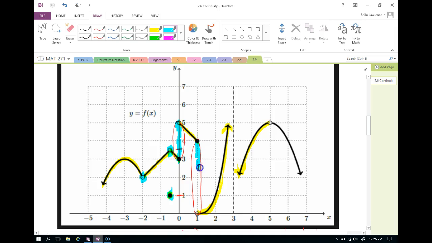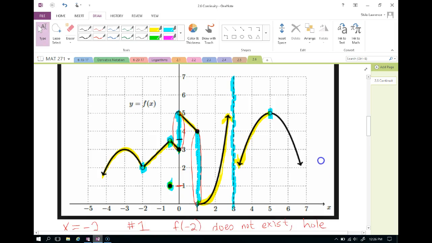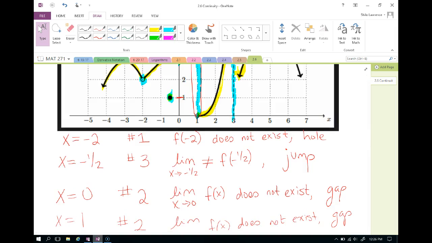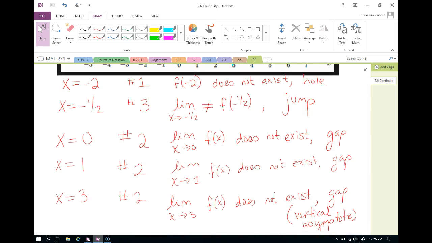We had another big old gap between our pieces at 1. We had this vertical asymptote at 3, which is considered a gap again. And then we had a hole at 5. So 1, 2, 3, 4, 5, 6. Yep, 6 different discontinuities, and we were able to find at least one of each of the different types.